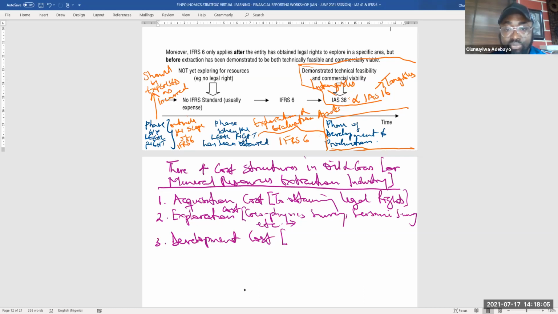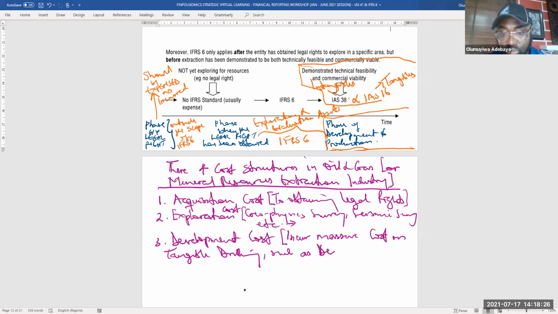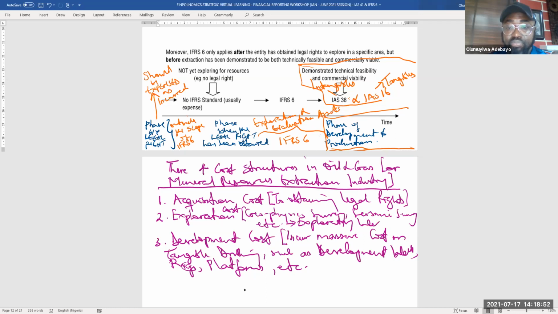That is the point where you start to incur massive costs on tangible drilling, such as development wells, rigs, platforms, etc. But at the exploration point, that's where you have what we call exploratory wells, just to identify whether there are oil at least there before you start to venture into development where you want to see it in commercial quantity and extract it from the surface of the earth.